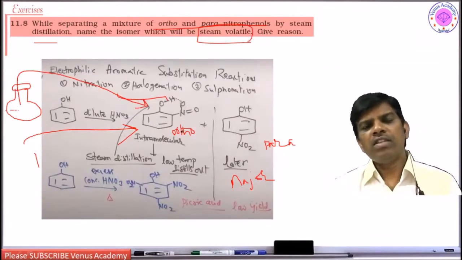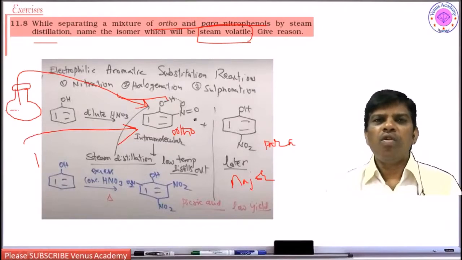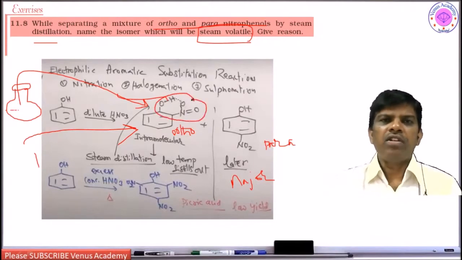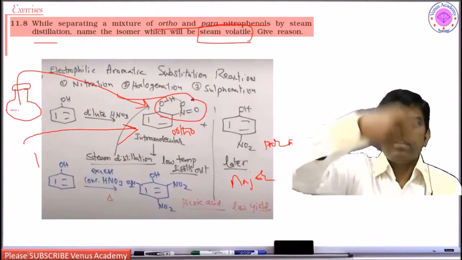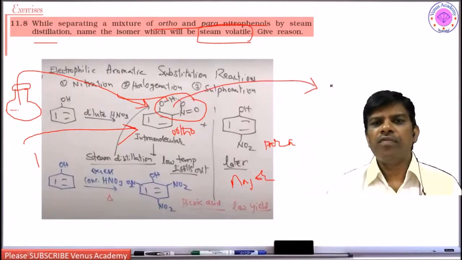Among ortho and para, the ortho compound is steam volatile because it has intramolecular hydrogen bonding, a hook-like structure, so orthonitrophenol comes out first along with steam. First steam volatile is the ortho compound.